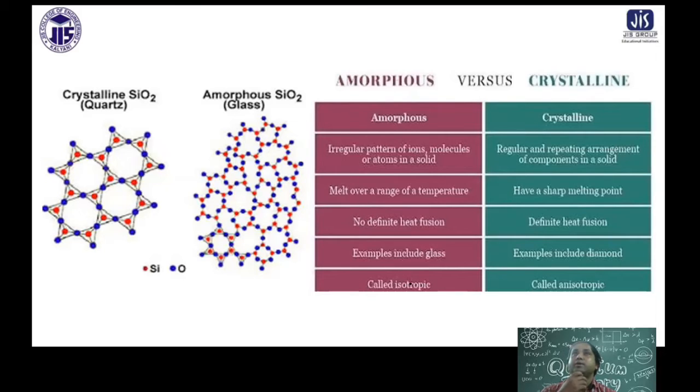Amorphous have got no regular pattern of ions and molecules, but crystalline do have regular pattern of arrangement of atoms.